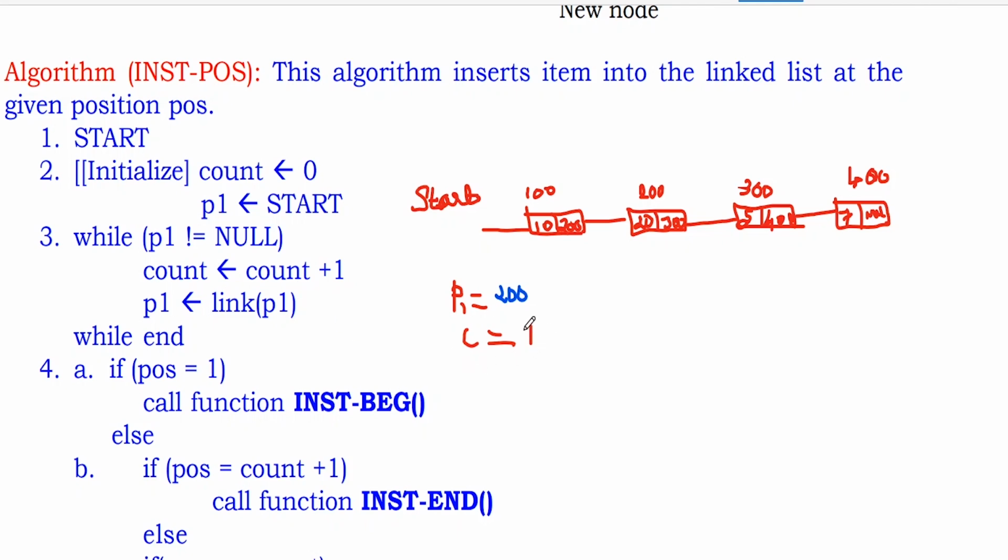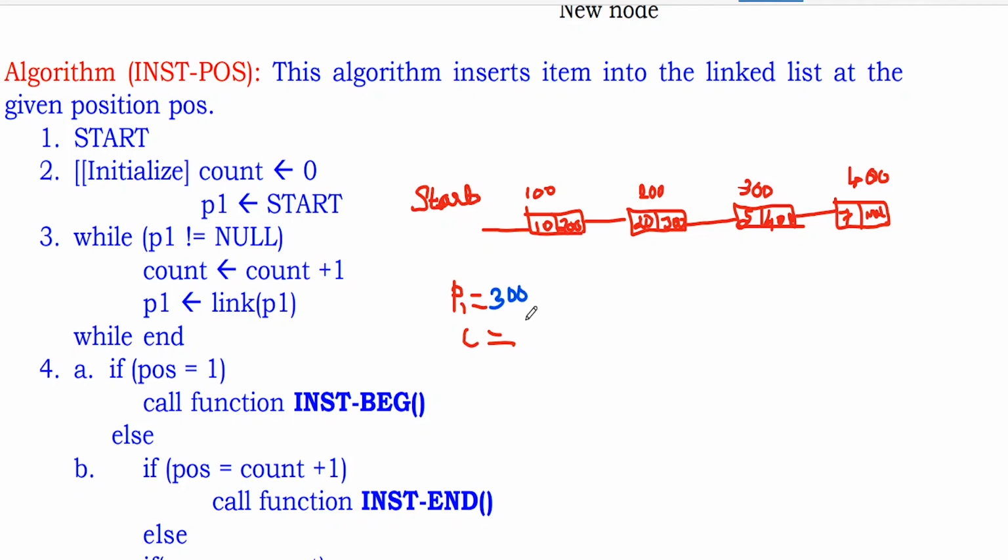C was previously 1, now it becomes 2. So P1 will be link of P1. P1 is 200, so link of P1 is 300, and now the value becomes 300. Again 300 is not equal to null. C is equal to C plus plus, so C, previously 2, now becomes 3.